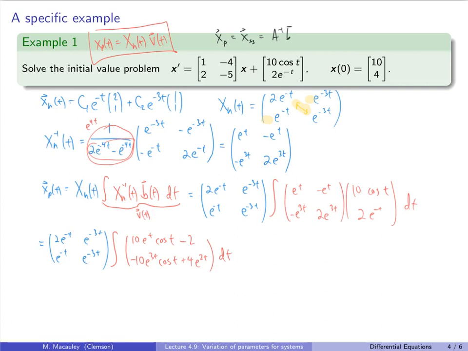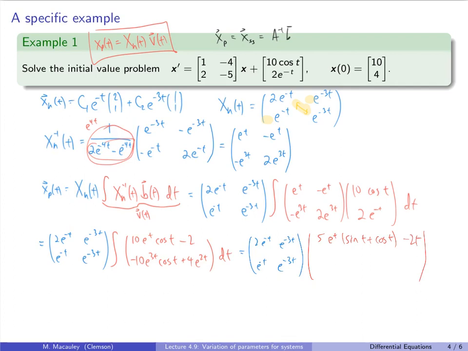Okay, so now let's integrate term by term. Integrating this is one of those nasty integration by parts where you have to do it twice. Remember those from calc? So I just plugged this into Wolfram Alpha, and I got that this is equal to that same matrix, xh, but now integrating this vector term by term, the top ends up being 5e to the t sine of t plus cosine of t minus 2t.